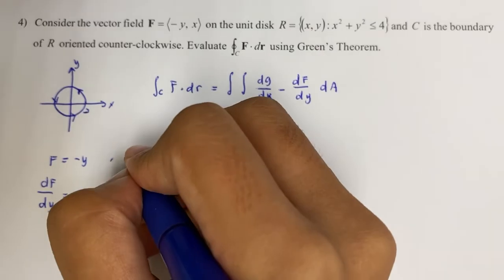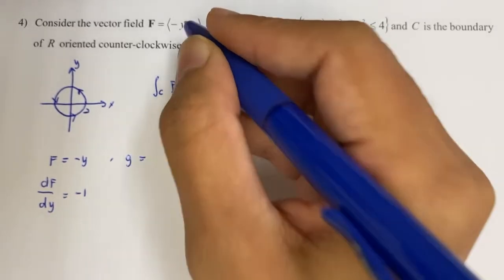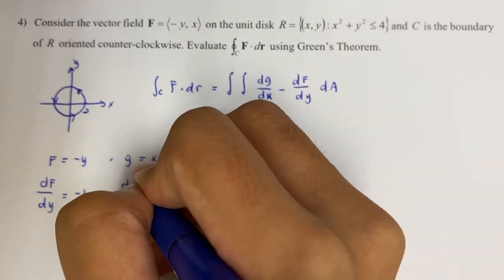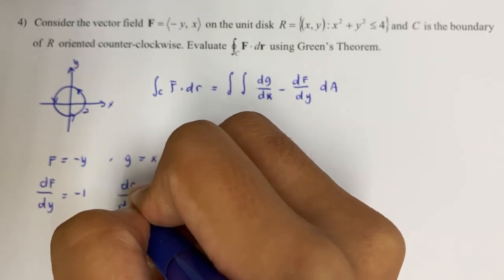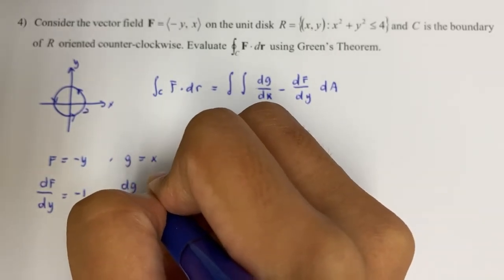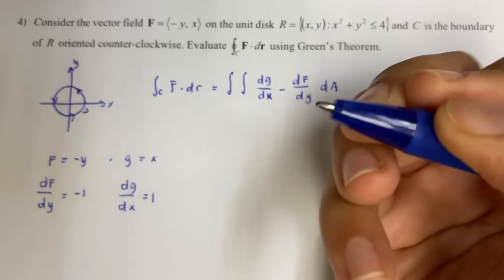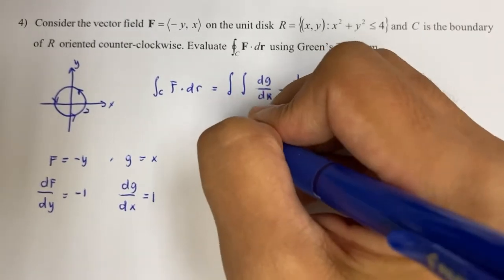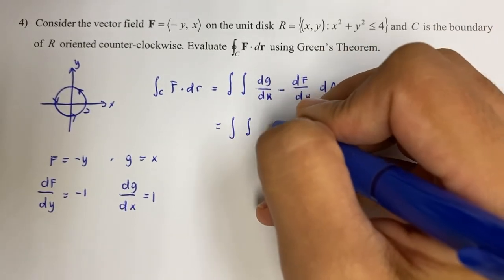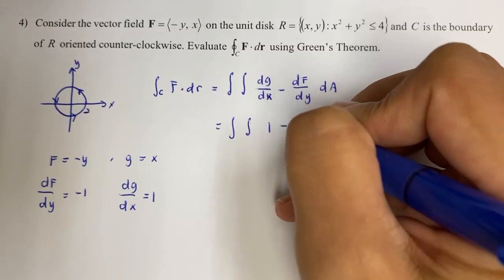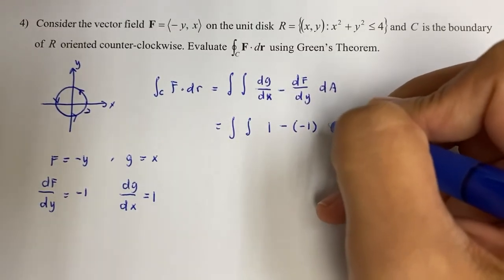And g is equal to x, so dg over dx is equal to 1. So we have the double integral of dg over dx, which is 1, minus df over dy, which is minus 1.